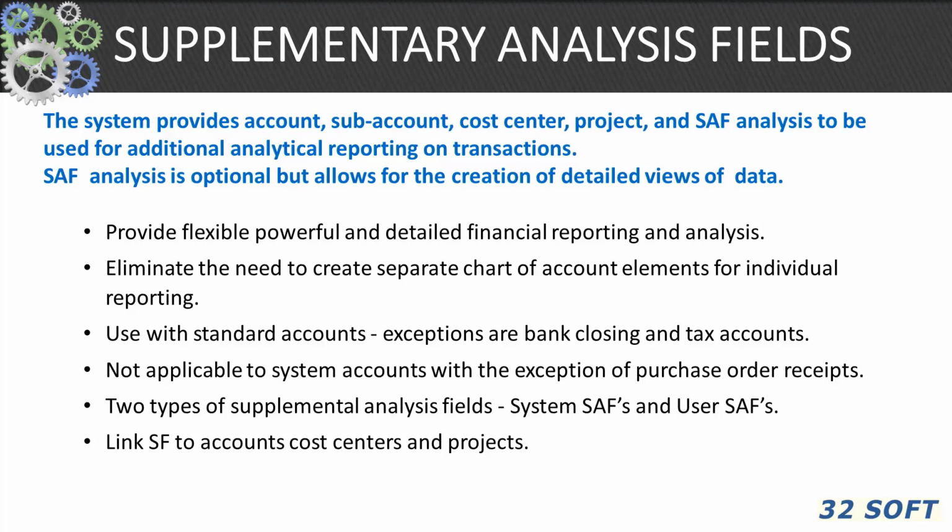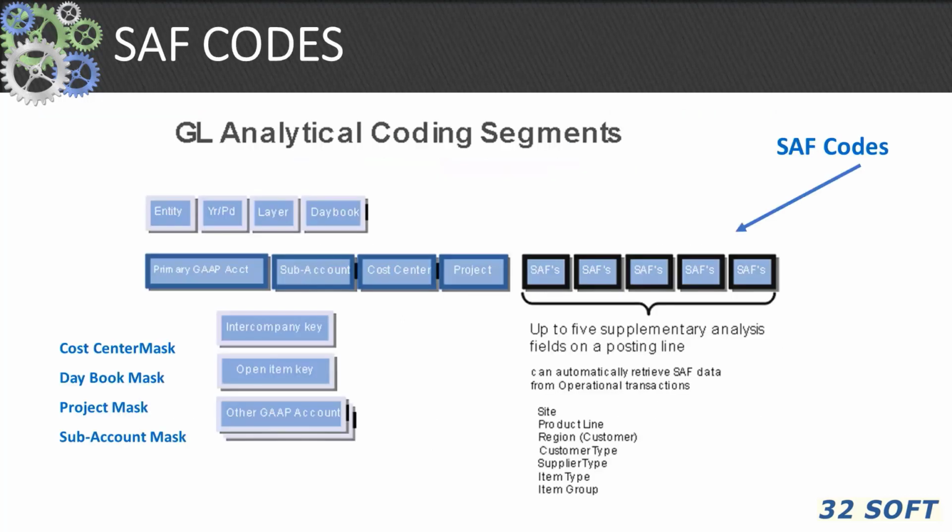SAF codes are used on standard accounts as they don't work with system accounts. There are either system-assigned SAF codes or user-defined SAF codes, which you can assign to various cost centers and projects. The strength of SAF codes in the QAD application is its flexibility. You can configure your business model to generate any number of different types of account information.